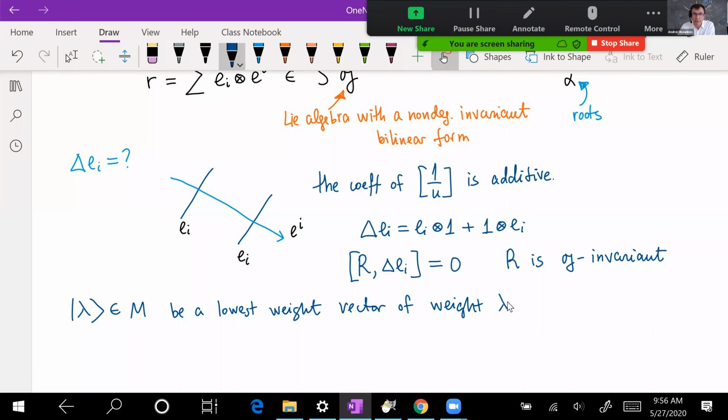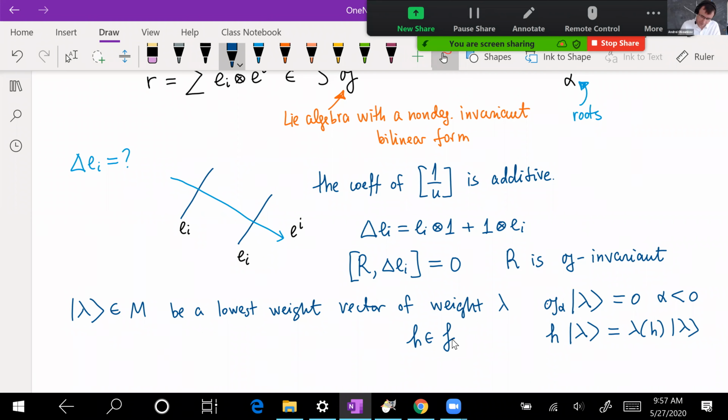That is to say, G alpha acting on lambda is 0 if alpha is less than 0. And also, if I have an element H acting on lambda, this is lambda of H times lambda, where H is in the Cartan subalgebra.